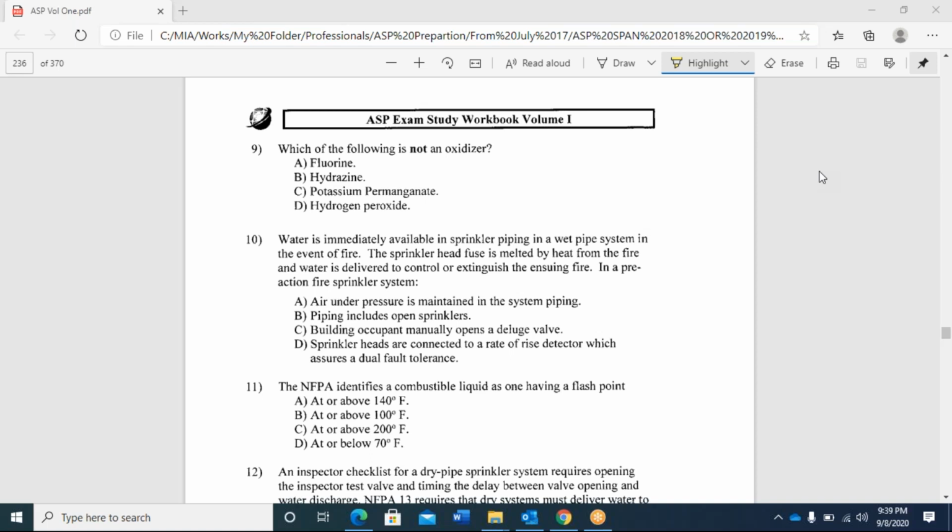Generally, this type of system is used in any area where there is no chance of freezing of water. Let's suppose the temperature is coming down to minus or up to 0. I think the critical point for water is 4 degrees centigrade. Below 4 degrees centigrade, this is the critical point of water, a triple point of water.